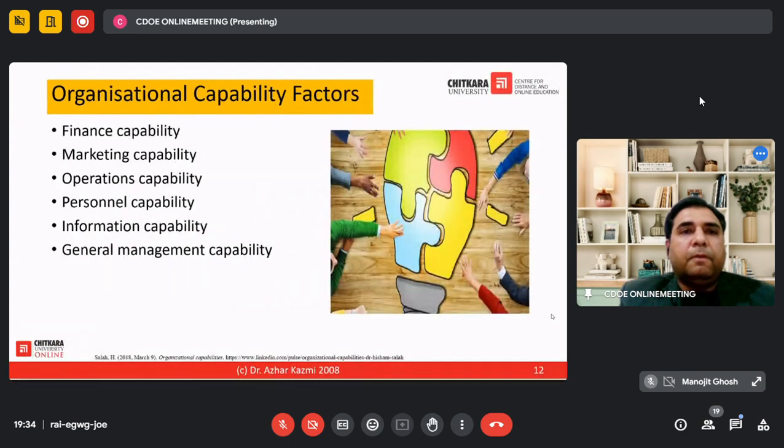Coming to organizational capability factors. These are the 6 major organizational capability factors which play a very important role. Finance capability. No organization, no company, no corporate, not even a single small or medium scale enterprise can start up their function without financial capability.